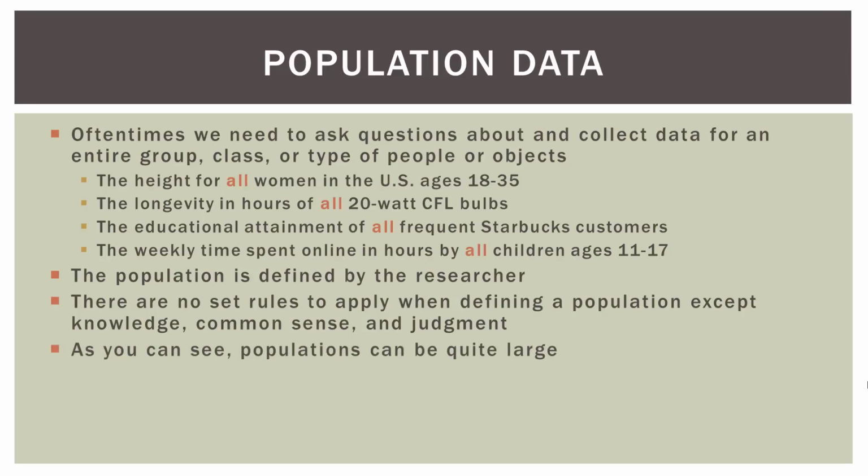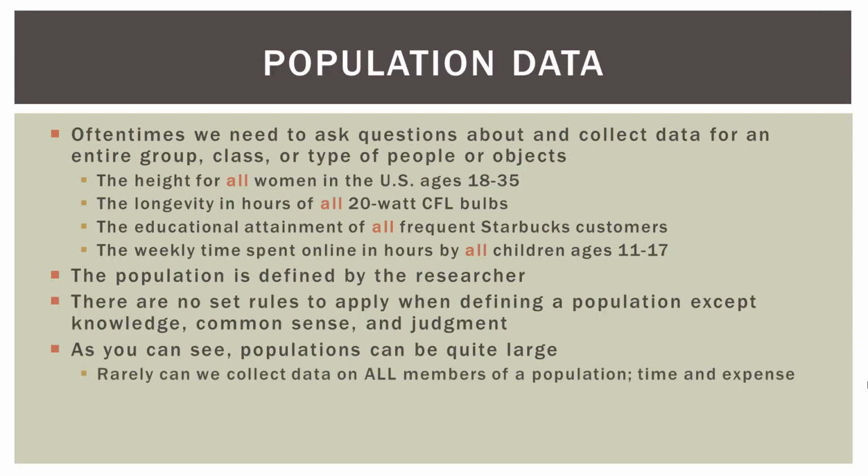judgment. As you can see, populations can become quite large. We have 20,000 bulbs. In the case of all women ages 18 to 35 in the U.S., we're talking millions of people. So populations can be very large. Rarely can we collect data on all members of a population.